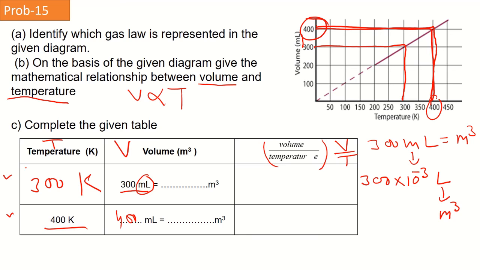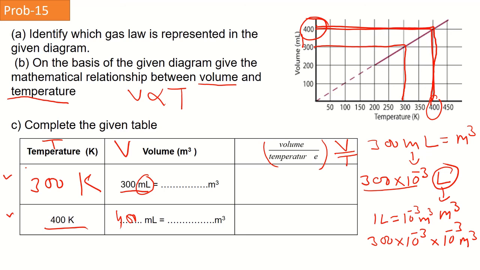According to the relation between liter and meter cube, 1 liter is equal to 10 to the power minus 3 meter cube. So by using this relation, this value will come. This is 300 multiplied by 10 to the power minus 3, the number I have taken from here. And when we change this liter, again I have to multiply by 10 to the power minus 3. So this is meter cube here.